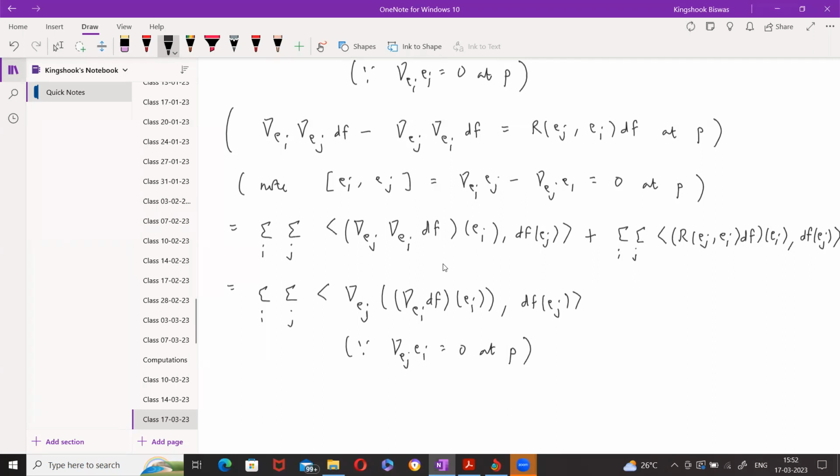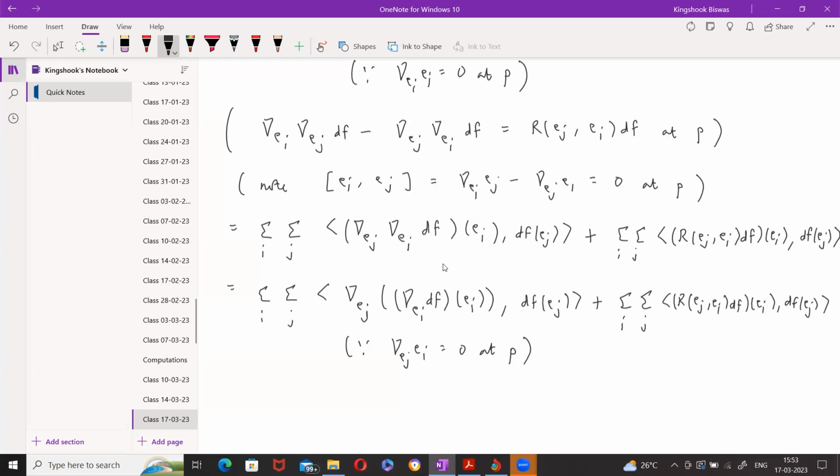Okay, so I can put this in brackets here like this, right? And then I get the sum of these curvature terms. And this is the second fundamental form acting on EI, EI.